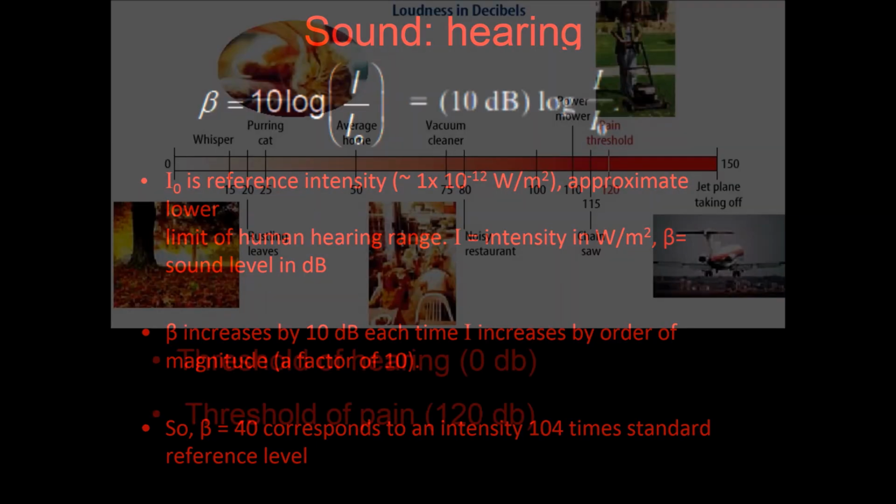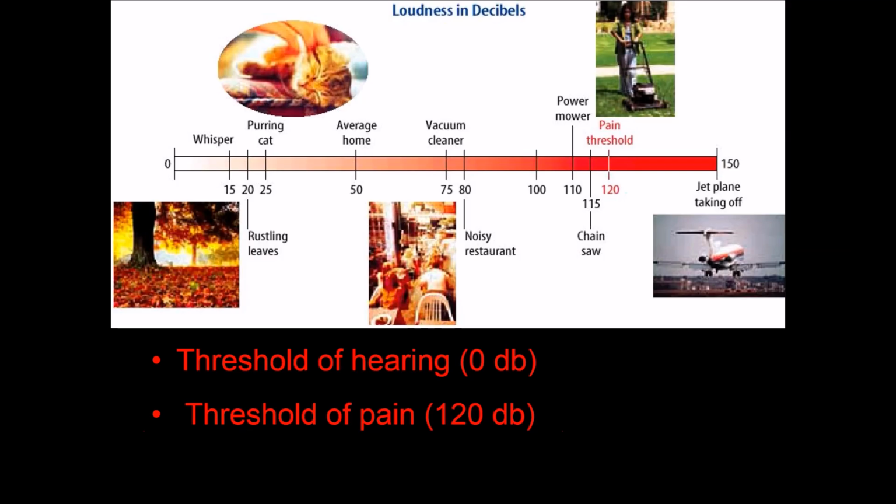And here's the kind of scale you should expect to see in terms of hearing, in decibels. People whispering at about 15 to 25, purring cats too. Your average home sits at about 50. Then we've got vacuum cleaners and noisy public places at about 80, and this goes onwards up to things like mowers and chainsaws at 100 to 115, being uncomfortable.